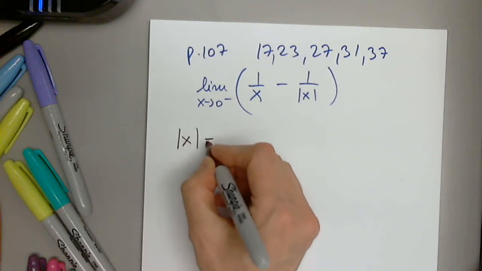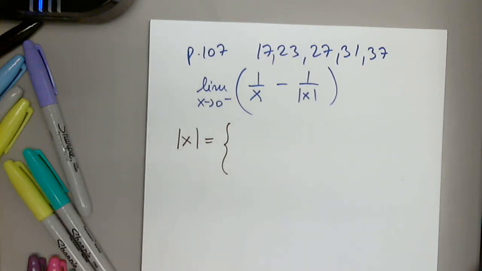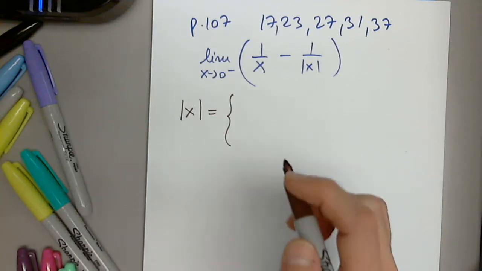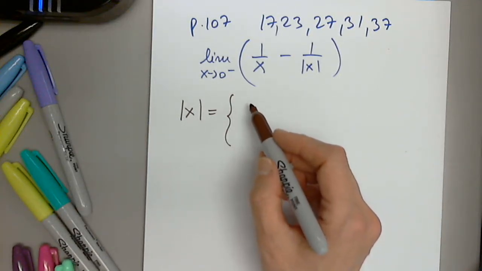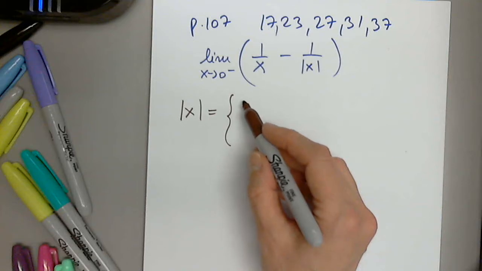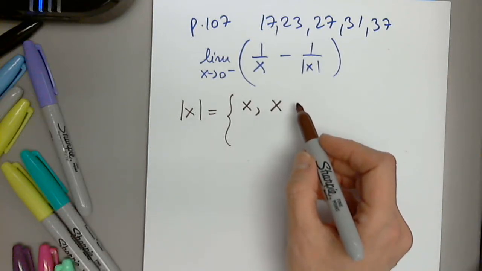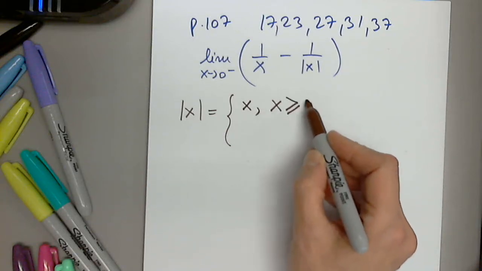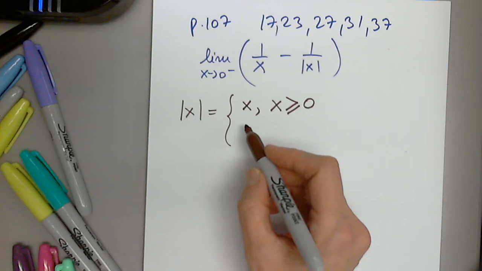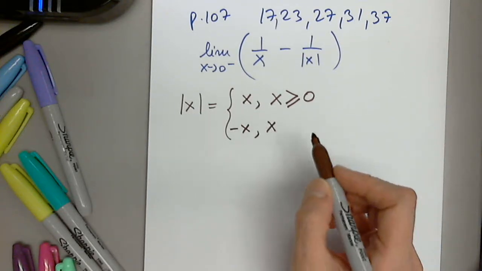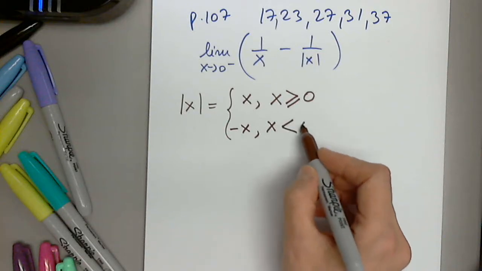Can anyone refresh our memory on what the absolute value of x means? Right, so it's either x when x is greater than or equal to 0, or negative x when x is less than 0.